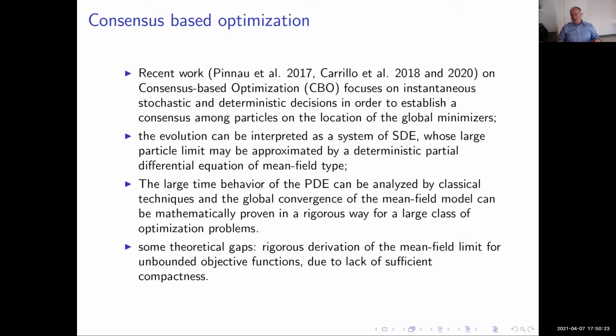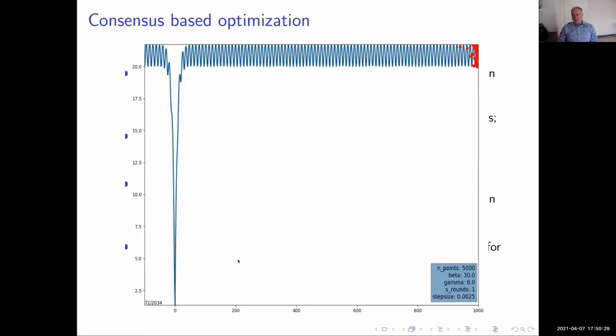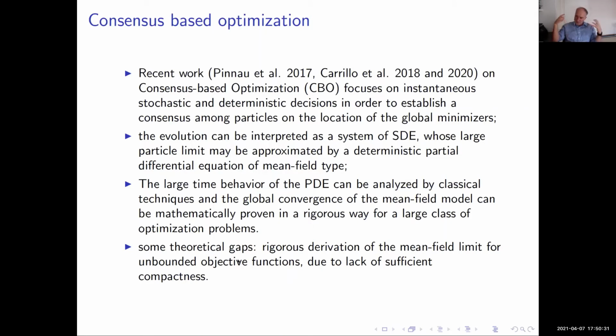In order to avoid boundary conditions, we have been considering the problem of consensus-based optimization over compact manifolds without boundary. And I will get to that in a moment.